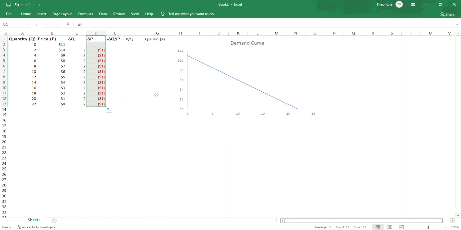And now on to the next part, which is negative delta Q over delta P. The way you find it is you first input equals, negative or minus, and select the data that you need, which in my case is C3 and D3.